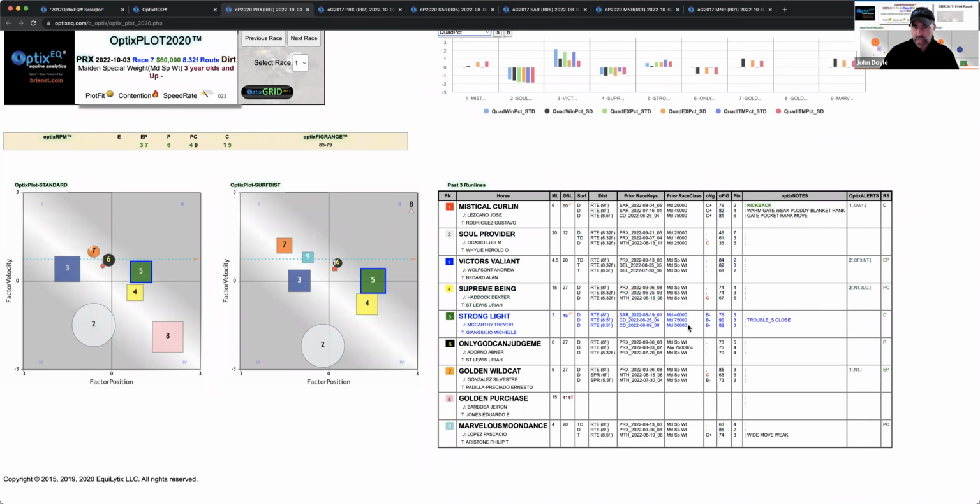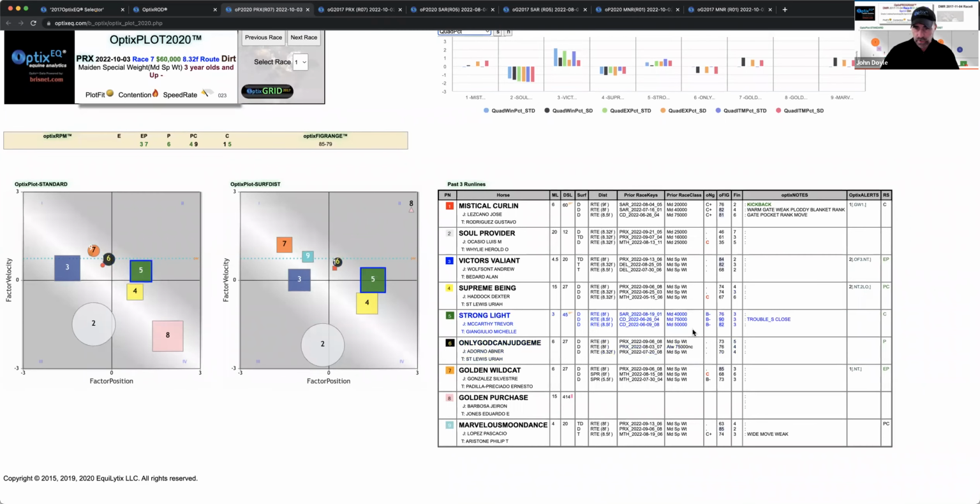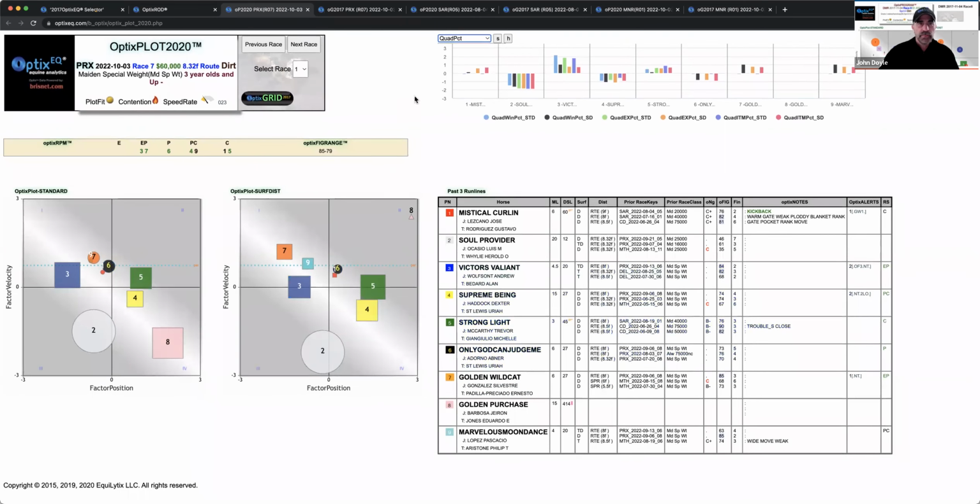The 5 is a Saratoga horse, so this horse may take some action too, and could be a viable horse, but I don't think there's going to be value there, especially since it looks like the morning line favorite here, the 5. So there's nothing here that's really scaring me, so to speak. So I think the 1 is a viable play.